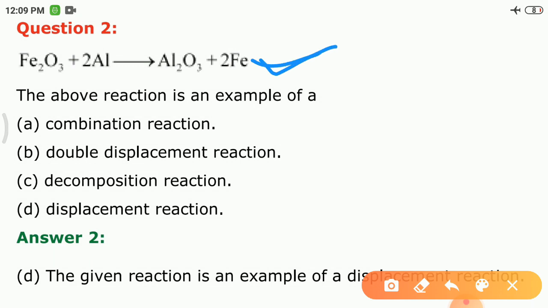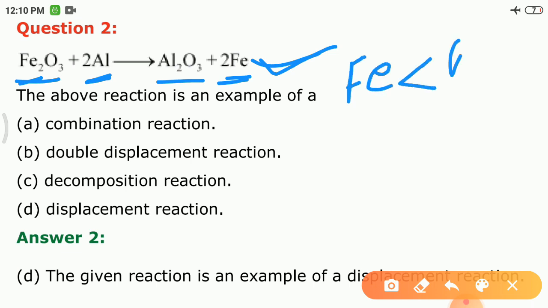Here we know aluminium is replacing the iron and making aluminium oxide, and iron is displaced by the aluminium because iron is less reactive than aluminium. So it is clear that this is a displacement reaction. So correct answer is D.